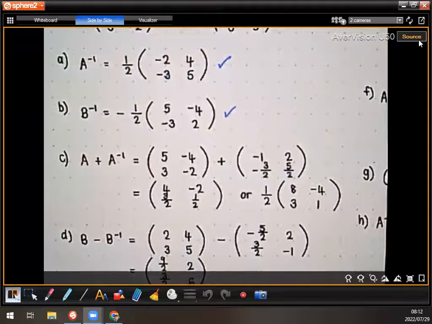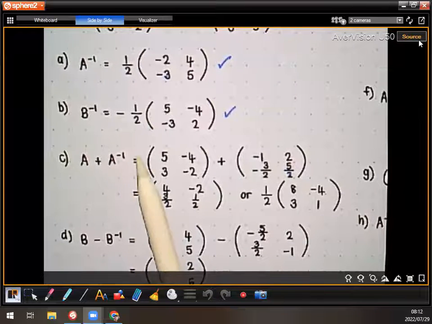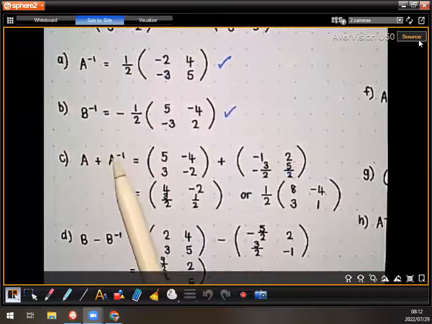I have a question. Why does the second A bracket have different numbers? No, I know that. This is A and this is the inverse of A. This notation means inverse.